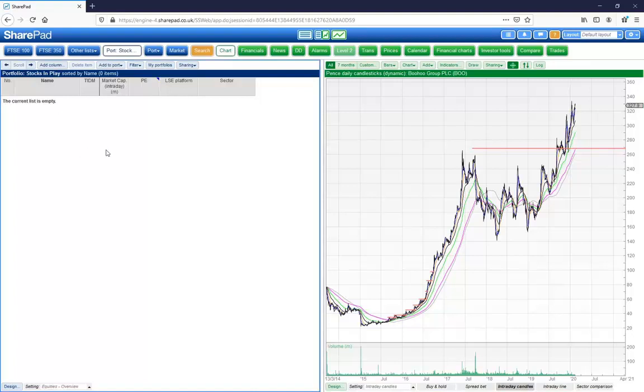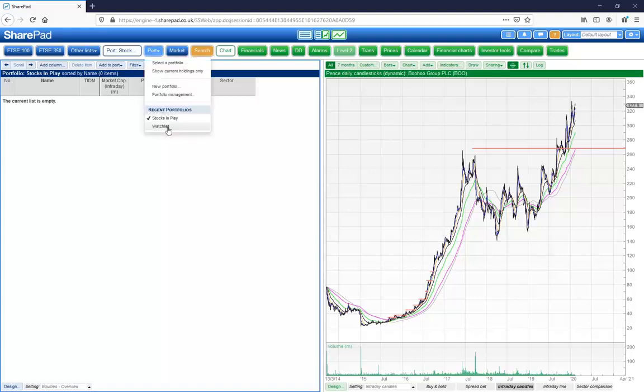There might only ever be 3 or 4 in, but rather than trust my brain to remember an idea, I will just put it in stocks in play, because then I won't forget. There's nothing worse than thinking of an idea for a trade, seeing it happen, and you completely forgot about it. So that's what I use this portfolio for.